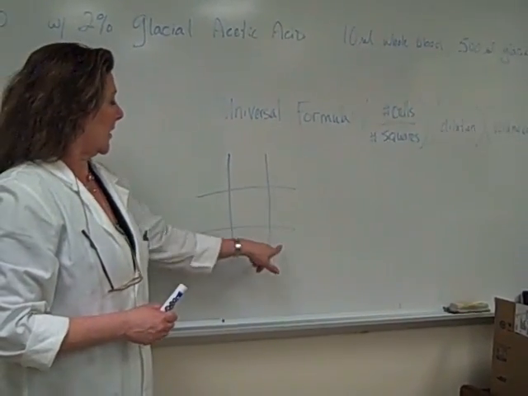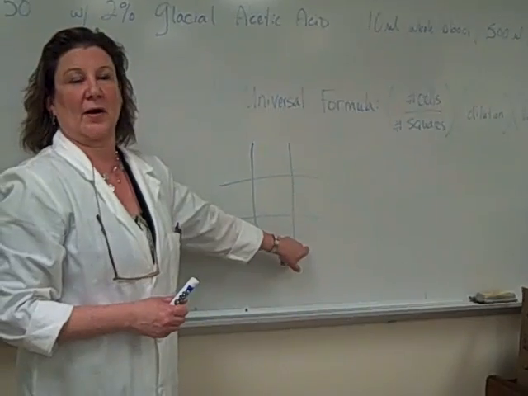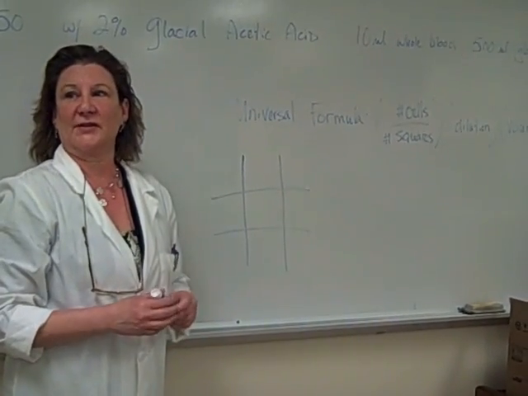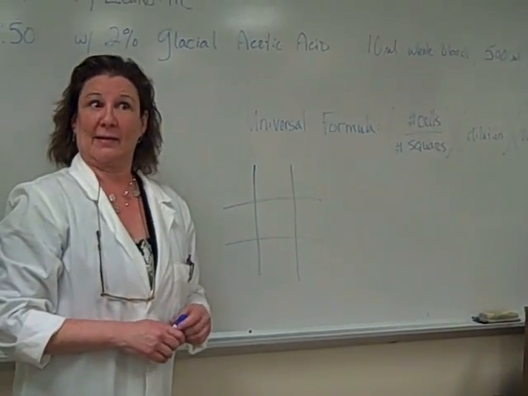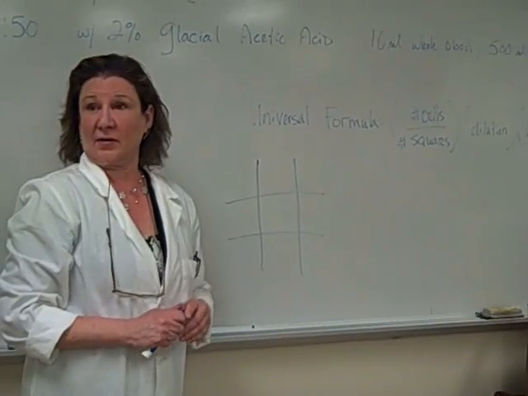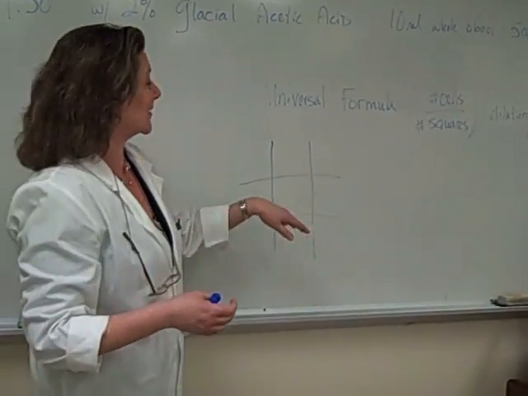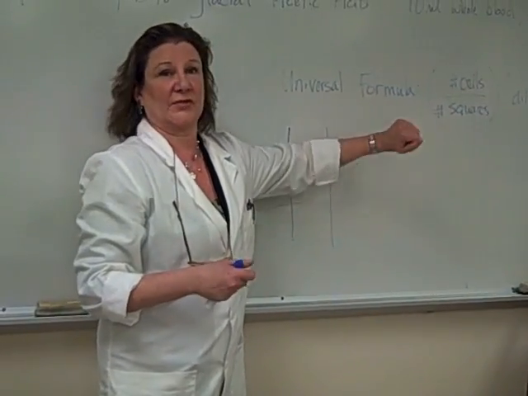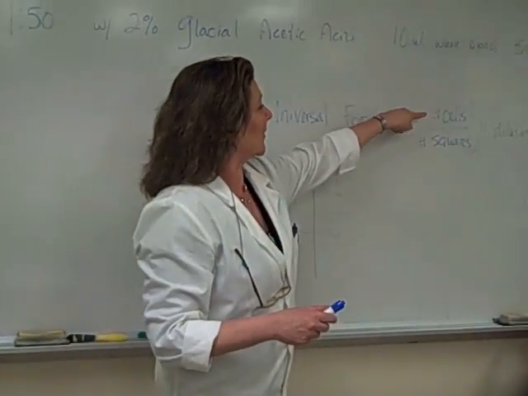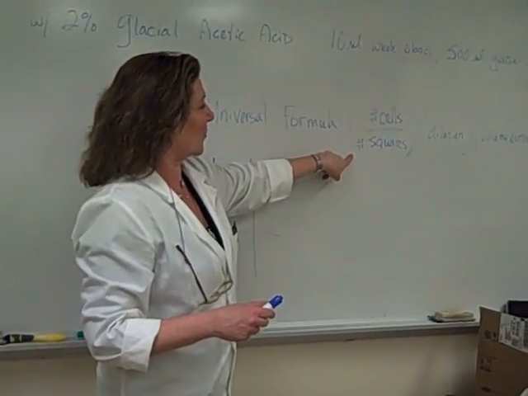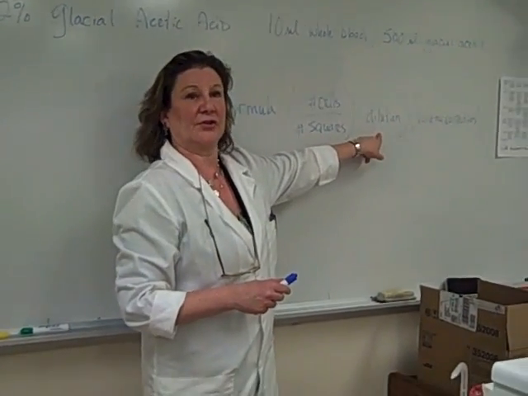If I get to 100, say, in this square, do I have to finish counting the whole entire square? Yeah, you have to finish counting the whole entire square. So you can't just stop at 100, because you need to factor in the number of squares. So we've got the number of cells divided by the number of squares times our dilution factor.